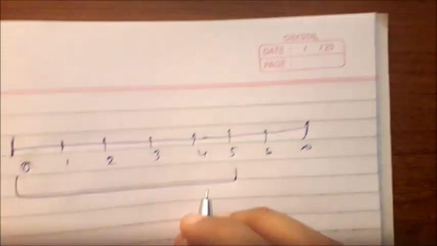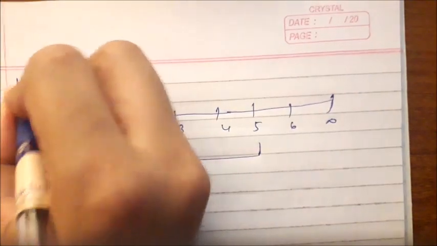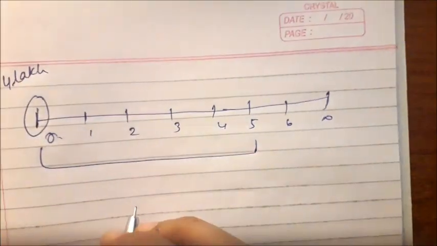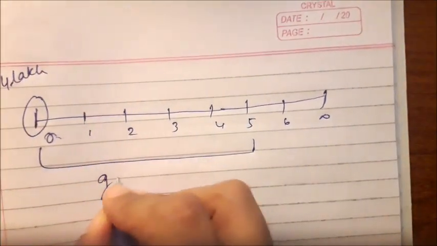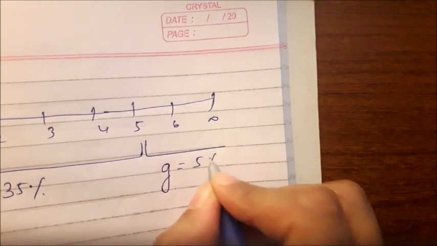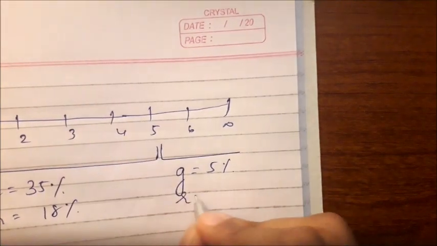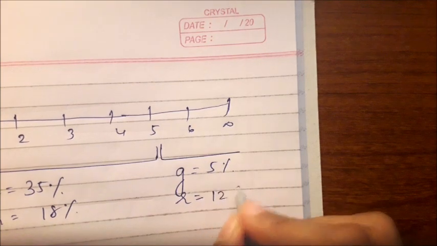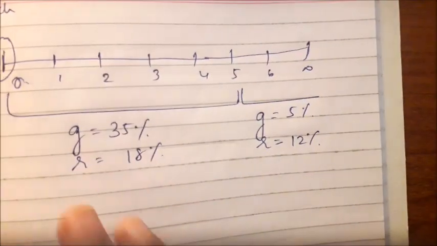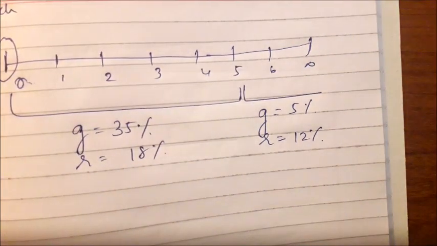Up to this much is the high growth period, and they are saying that at present the cash flow is 4 lakhs, and the growth rate is 35 percent. After 5 years, this is the terminal value, and the growth rate is 5 percent. Here the rate of return is 18 percent. Here the cost of capital is 12 percent. So there are two periods, the high growth period and the terminal value calculation.